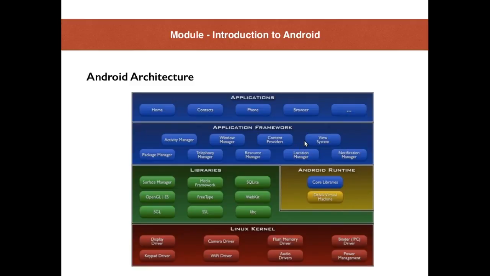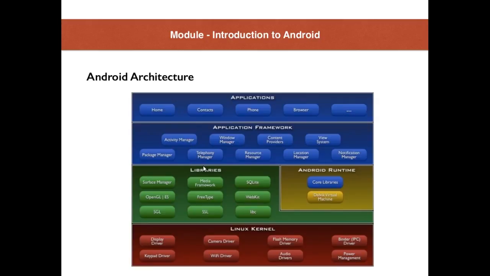It is something like printf. If you say printf, you're not defining it, right? That is defined somewhere in your header files, and that's the reason why you include something like stdio.h. Similarly, all the important functionalities have been given as APIs, for example, notification manager, content providers, window manager, activity manager, telephony manager.